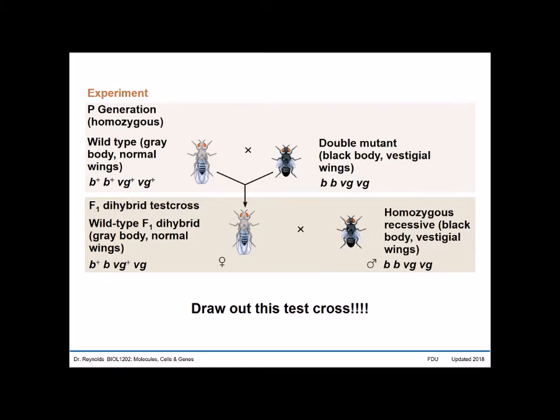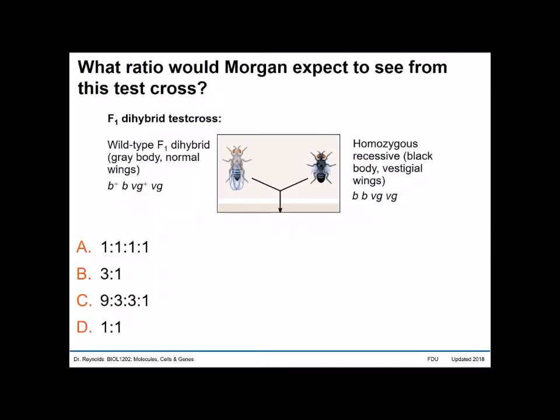All right, now that you've drawn this cross, I want you to answer a question. What ratio would Morgan expect to see from this test cross? So take a look at the phenotypes of the children from your test cross and let me know the ratio of those phenotypes.